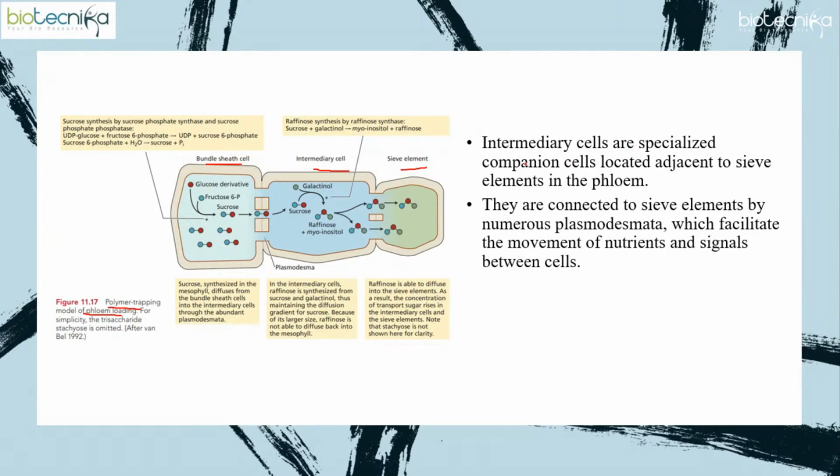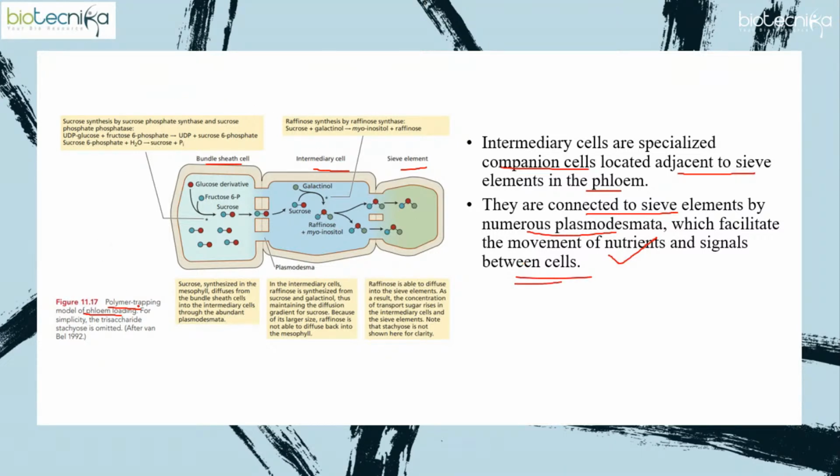Intermediary cells are specialized companion cells which are located adjacent to the sieve elements in the phloem, connected to the sieve elements by numerous plasmodesmata, and also help in the movement of nutrients as well as some signaling molecules between the cells.